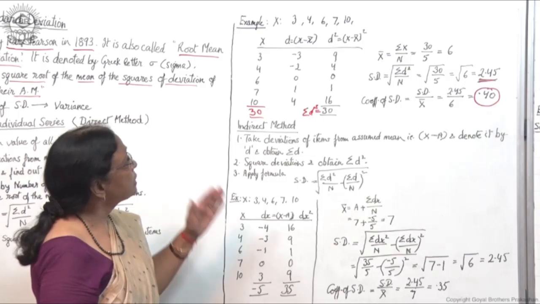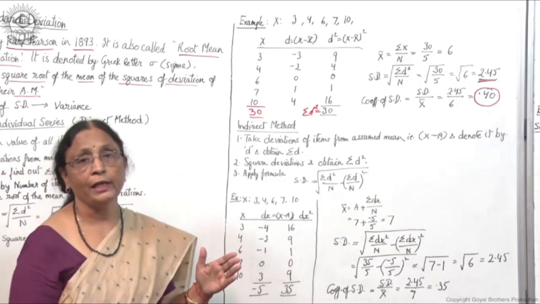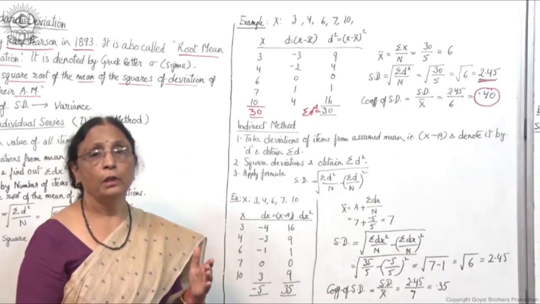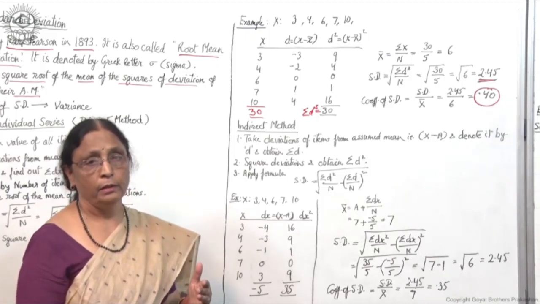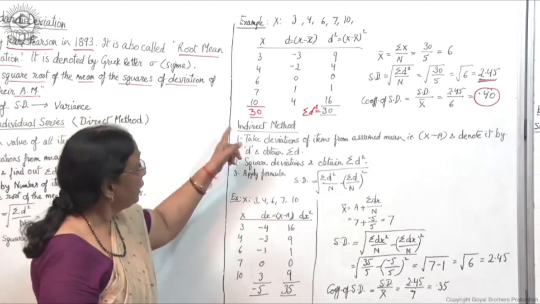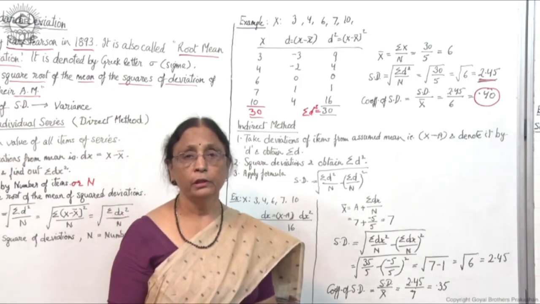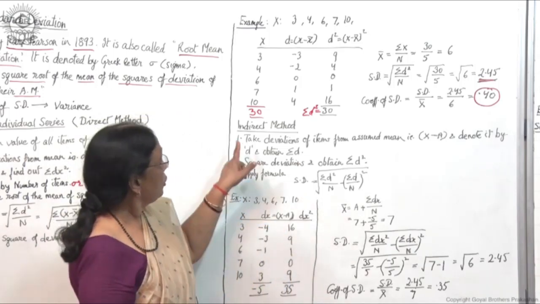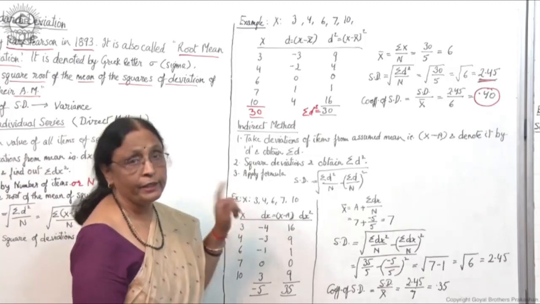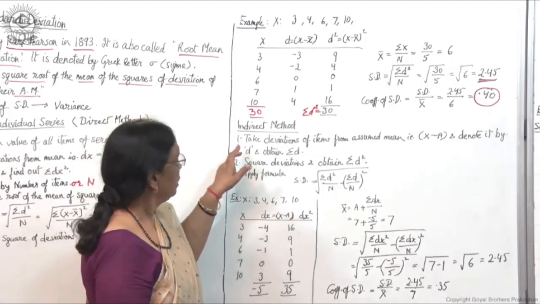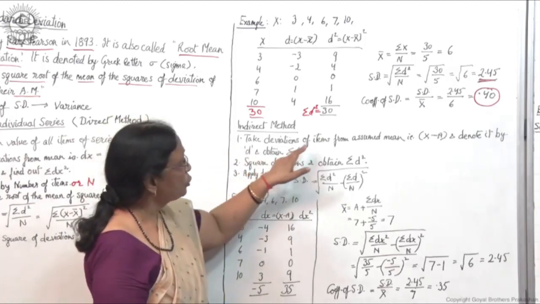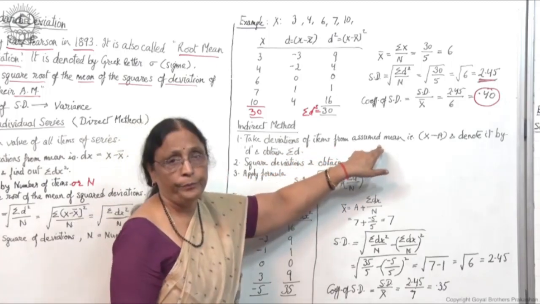Right? So this is the direct method because we are calculating through the proper arithmetic mean. In the indirect method we will take the assumed mean, not the arithmetic mean. So let us see the steps in the indirect method. First, take deviations of items from assumed mean.